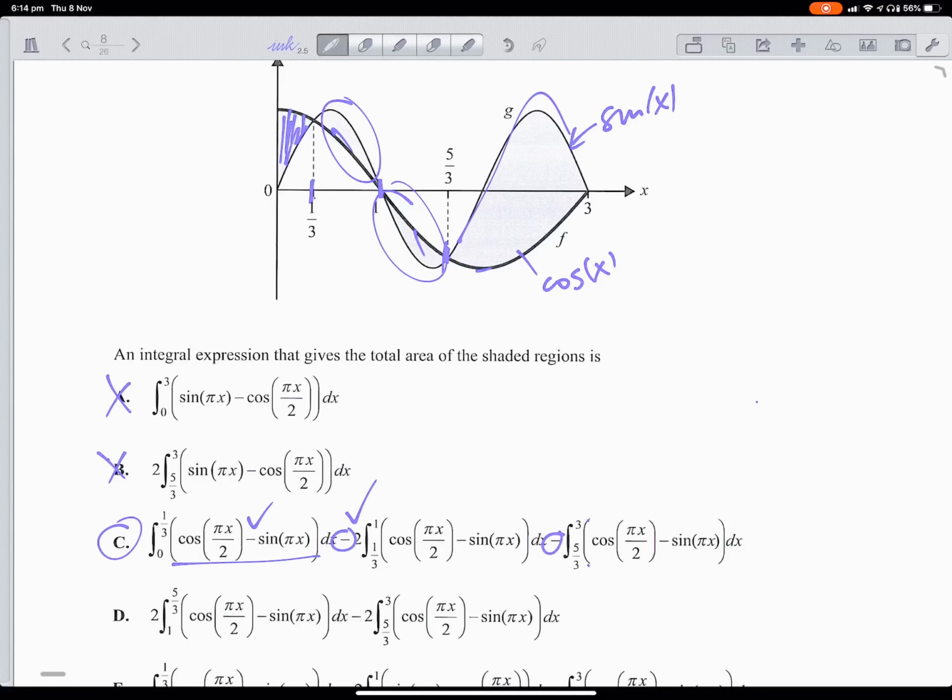Cos is above. Here, when I go from 1/3 to 1, and I multiply it by 2, I get that area and that area. 1/3 to 1, cos is below sine, so that's why I put a negative out the front. And then negative 3 on 5 to 3, but our cos is below, so basically it's the same as flipping that around and changing that to a positive, but that's definitely our answer.